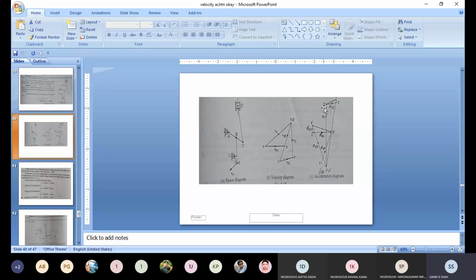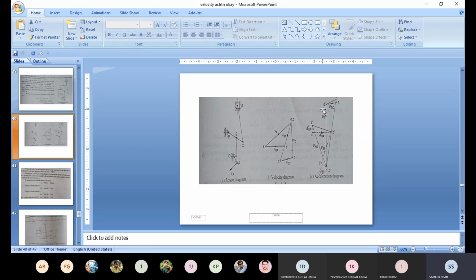So from point O dash, draw vector O dash D dash parallel to the path of motion of D to represent the acceleration of D. The vectors ZD dash and O dash D dash intersect at D dash, as you can see here. Join C dash D dash.